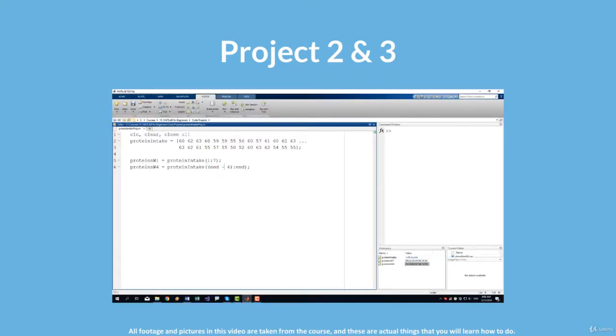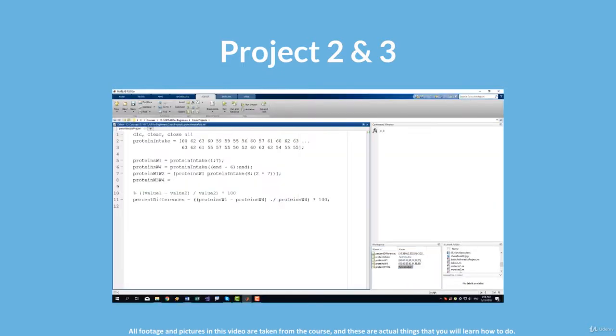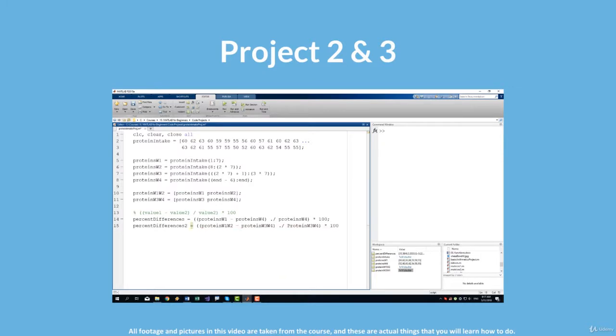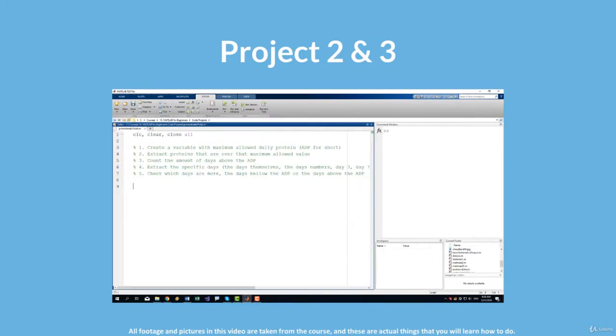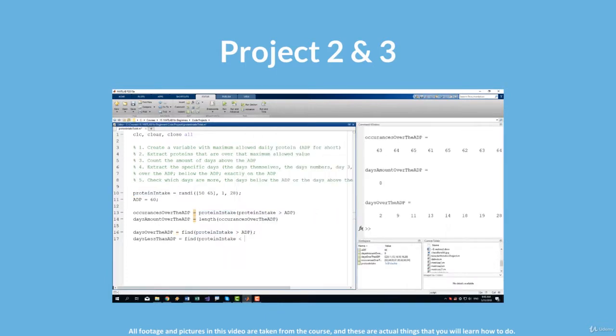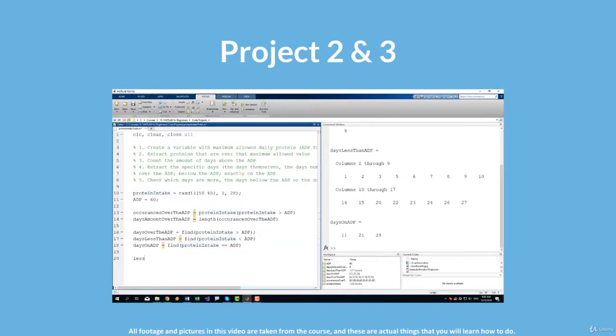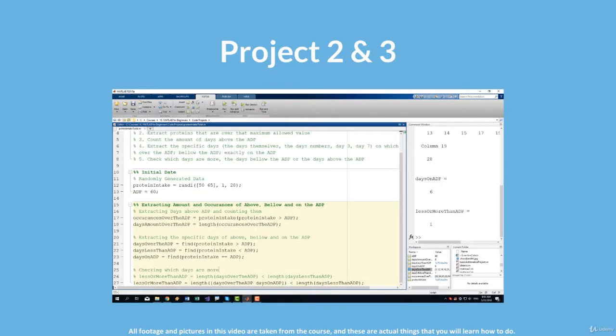The project in the first section deals with some gathered data, in this case nutrients intake over the course of 4 weeks or 28 days, and then we will analyze that data by extracting data from the vector for the different weeks, and then comparing them day by day. The second project will build upon the first project, and now that same data will be randomly generated, and we will be looking for specific pieces of information that are of interest to us.